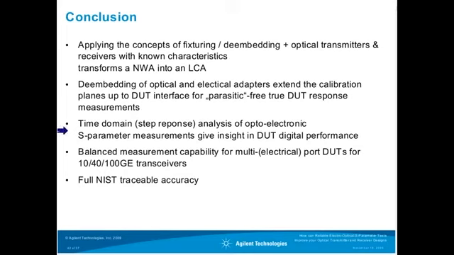Time domain analysis based on frequency domain measurements really gives you an insight on a device under test's digital performance. And finally, balanced measurement capability for optical and electrical multi-port devices under test really gives you a very nice insight in the performance of future 100G transceiver components.